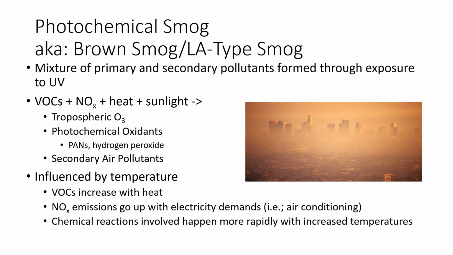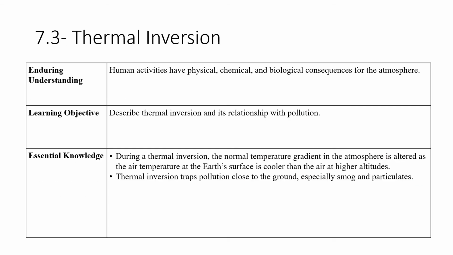One thing you really want to think about when it comes to nitrogen oxide emissions is motor vehicles. Why is it happening so much in LA? Because you have to drive everywhere. Not only does it happen in LA because there are so many cars, but also because of its geography, which we're going to talk about through thermal inversions.